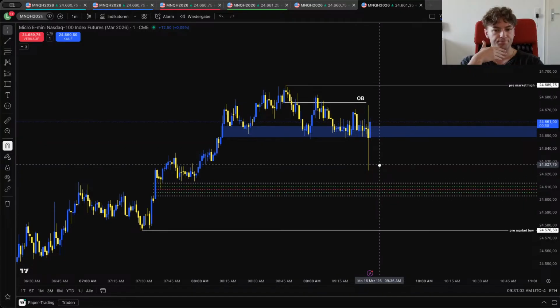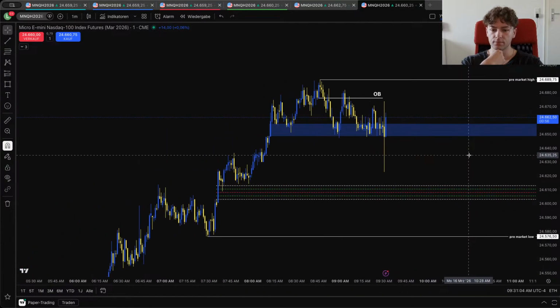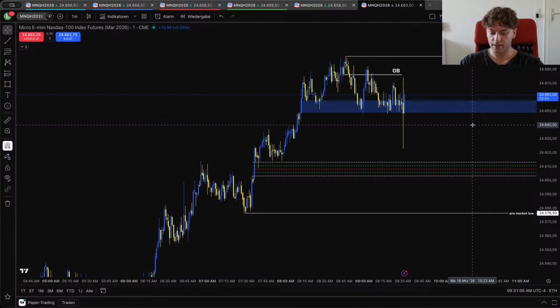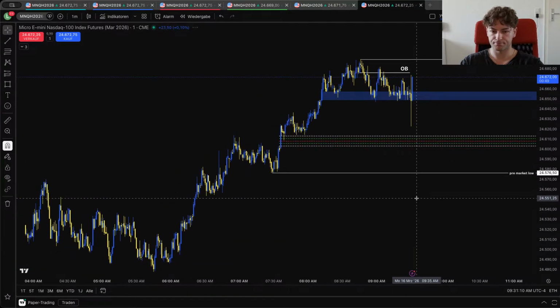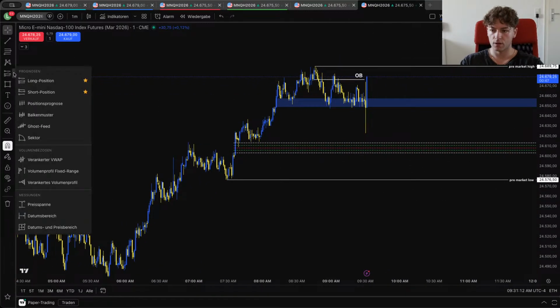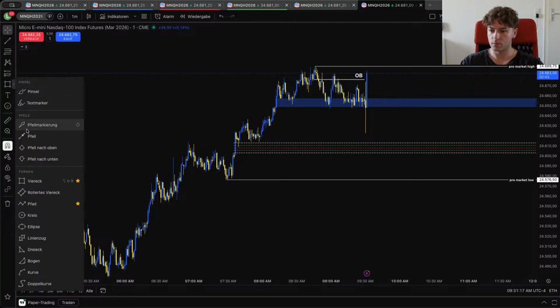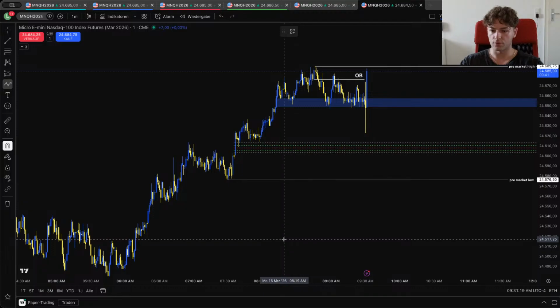But, let's see. What I don't like: usually when I'm looking for short setups, I want to have this scenario that I'm drawing out for now.